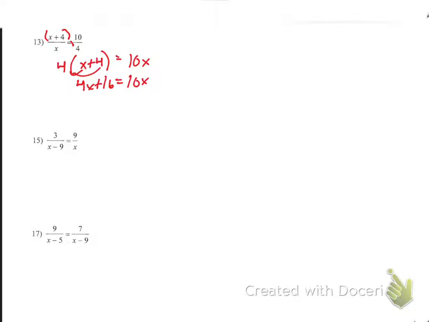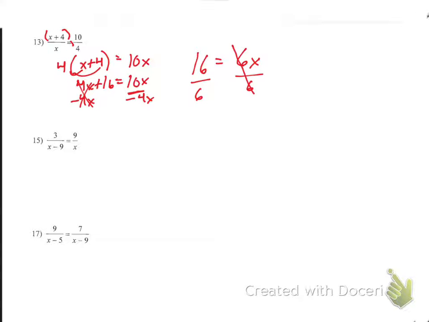Now I want to get the x's by itself, and I have only an x on this side. So I'm going to subtract 4x. Subtract 4x. And that's going to cancel these out. And so what I'm going to have left with is 16 is equal to 6x. Then I'm going to divide each side by 6 because I want to get the x alone.